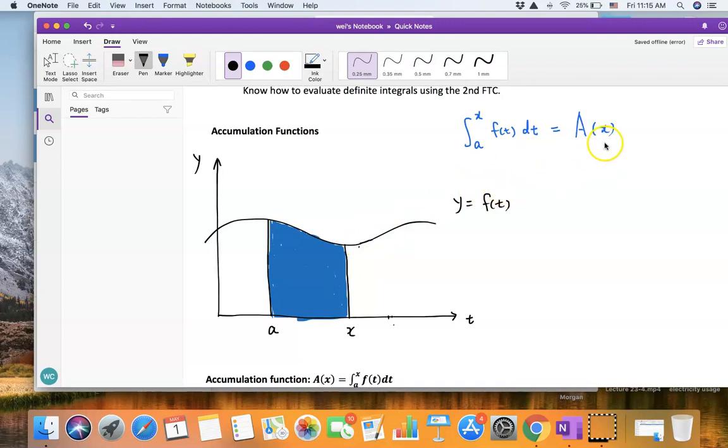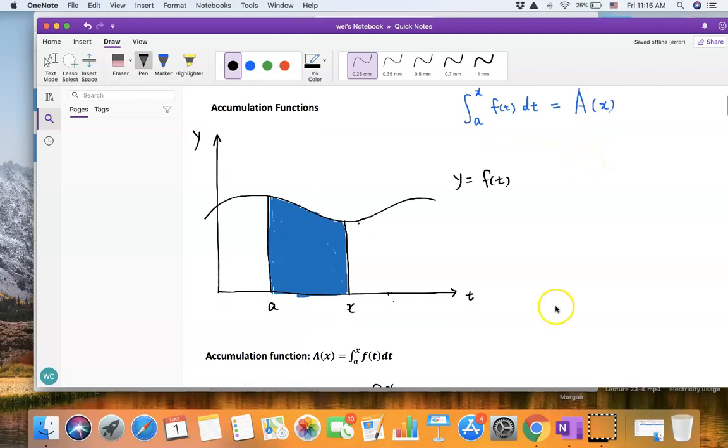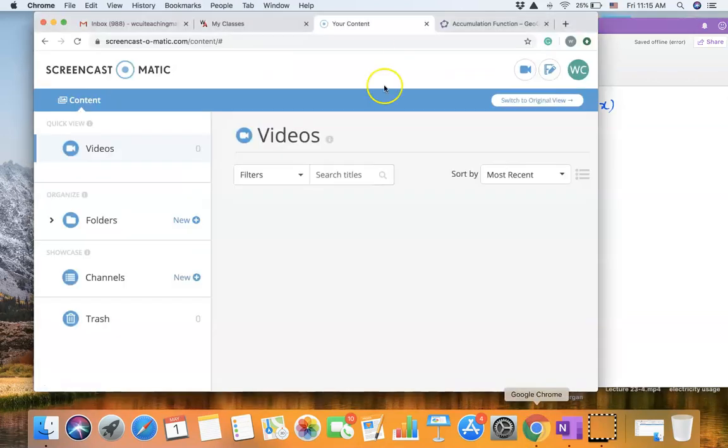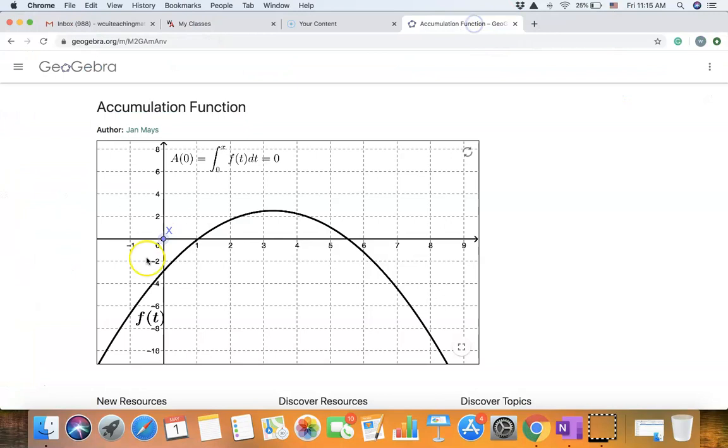So does this mean the accumulation function is always an increasing function? No, that's not always true. If we look at this example, the function is defined by using this graph, y equals f of t, and the function is defined by the integral from 0 to x of f of t dt.